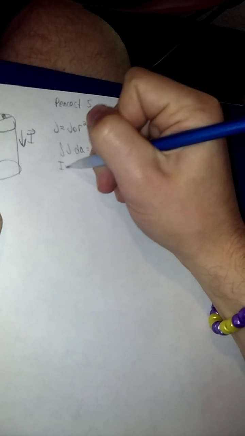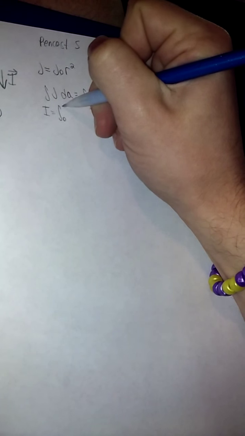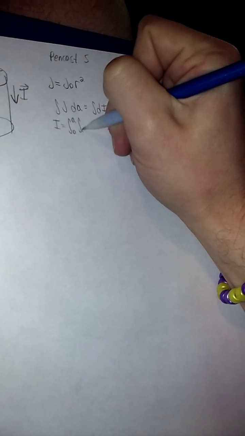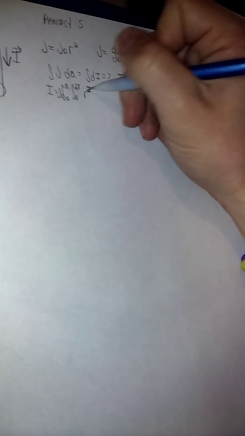So then I is equal to the integral from 0 to a, the integral from 0 to 2 pi, J naught, which I'm going to pull out front, r squared times r, so r cubed dr d theta.